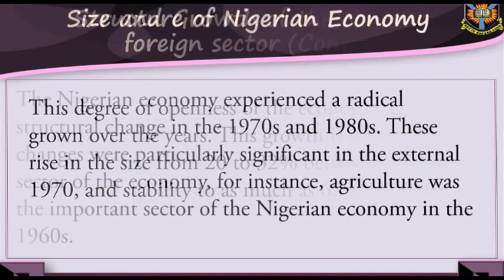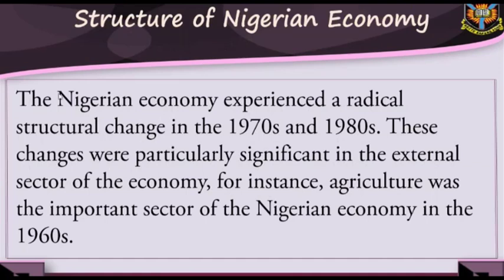Structure of the Nigerian economy. The Nigerian economy experienced a radical structural change in the 1970s and 1980s. These changes were particularly significant in the external sector of the economy. For instance, agriculture was the important sector of the Nigerian economy in the 1960s.